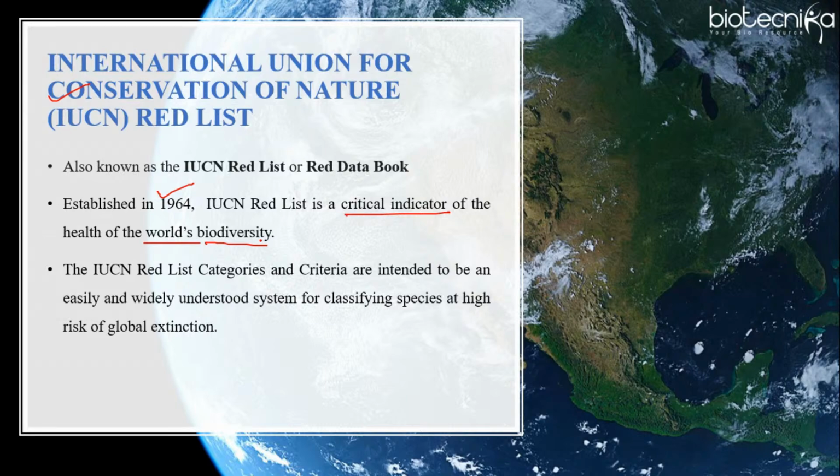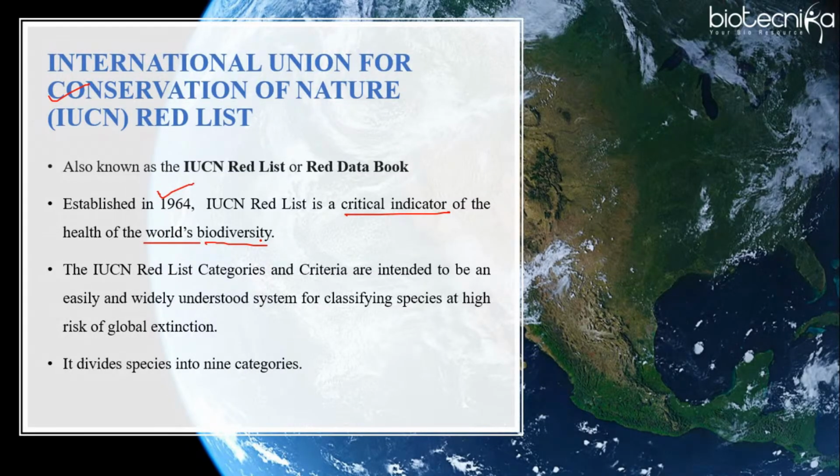IUCN categorizes the species, whether they are endangered, extinct, extinct in the wild, or data deficient. Basically, species are classified by the IUCN Red List into 9 categories.